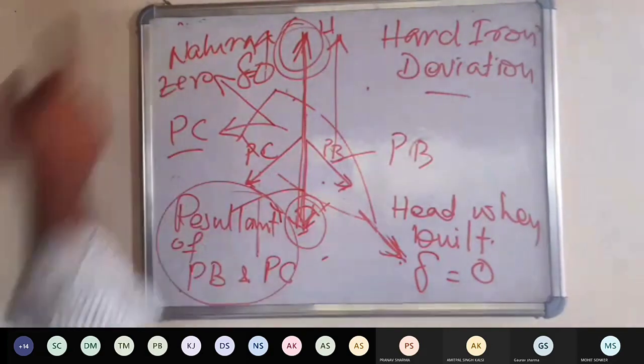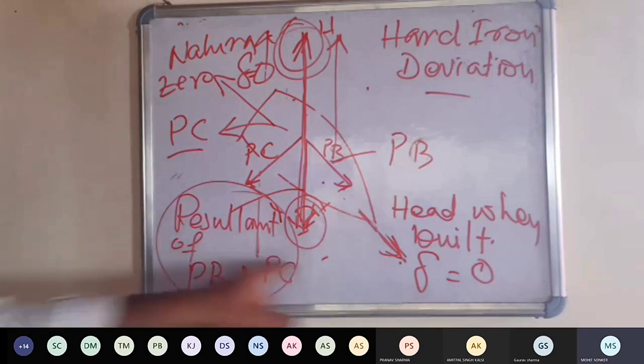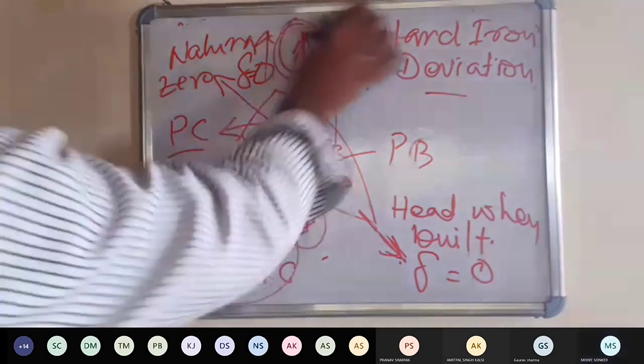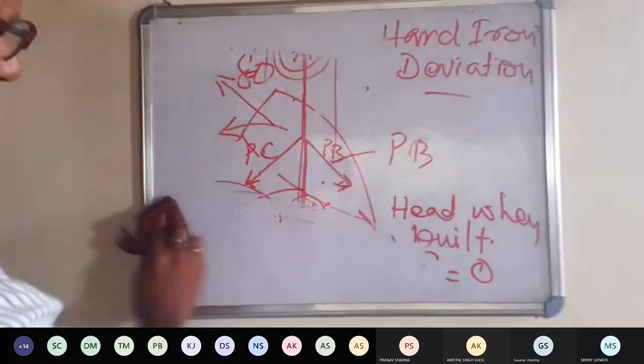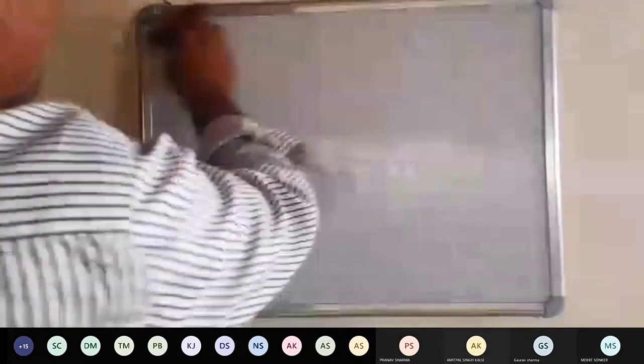And on the opposite also we get zero, on the course 180 degrees apart we also get zero. So that is called natural zero. Only the directive force at one place will be maximum; one heading will be maximum, the other heading 180 degrees away will be minimum.